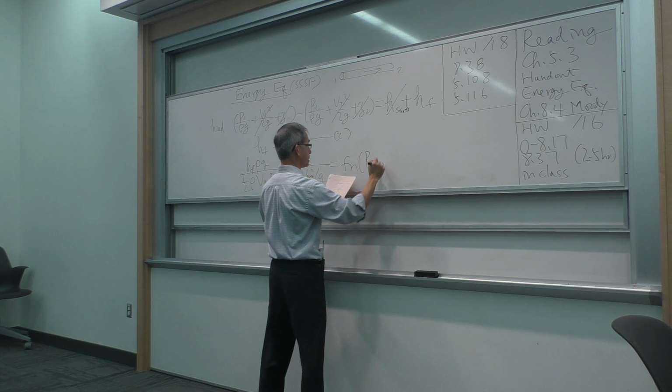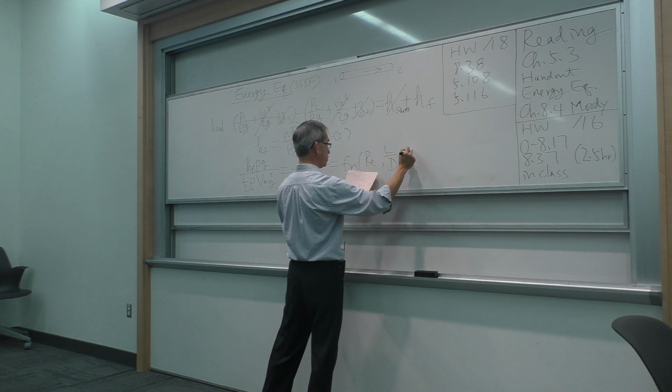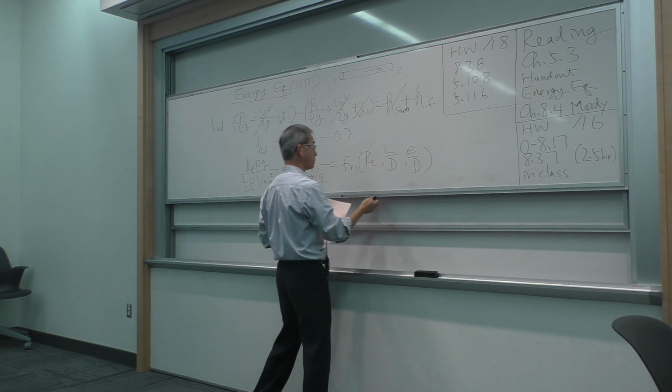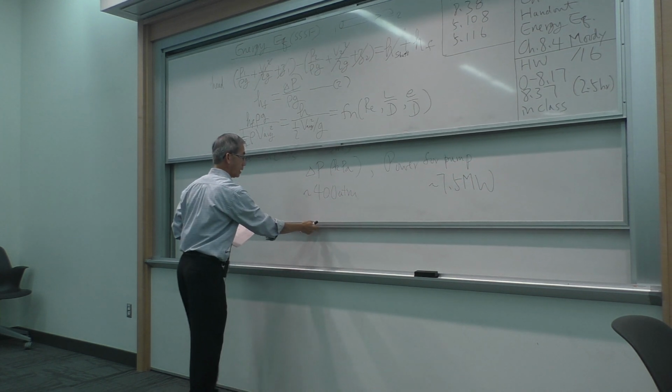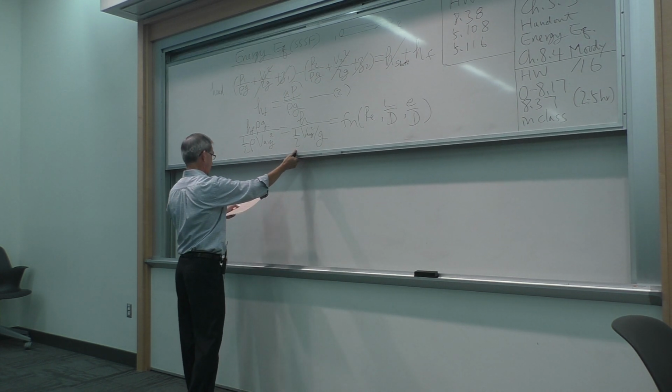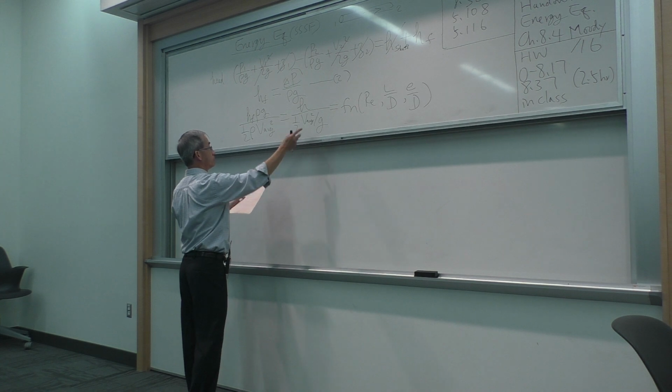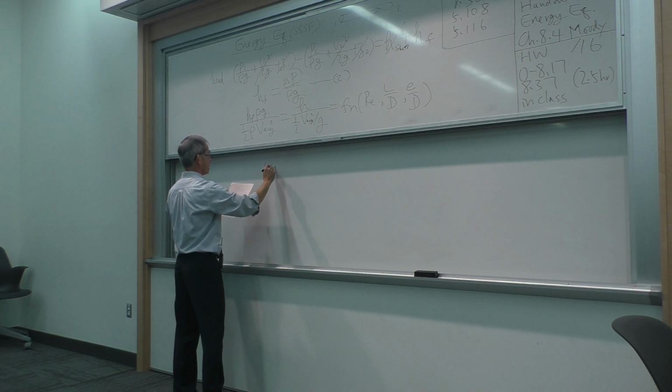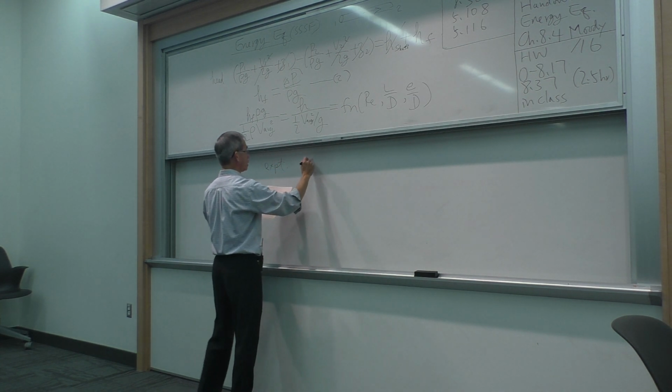So combining my dimensional analysis with the use of the simplified energy equation for a horizontal pipe, I have now this equation, and this is where Mr. Moody comes in.